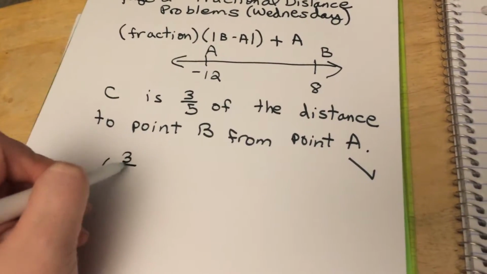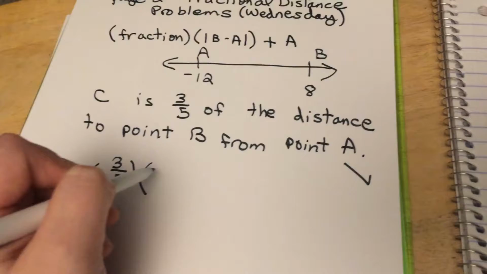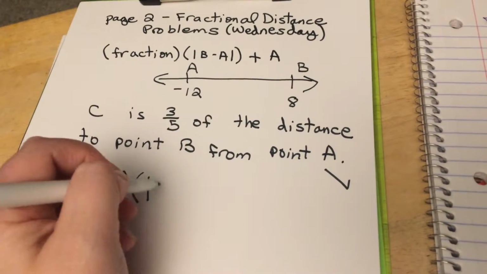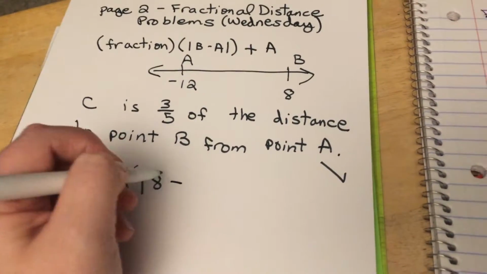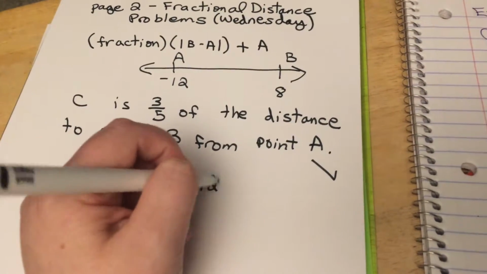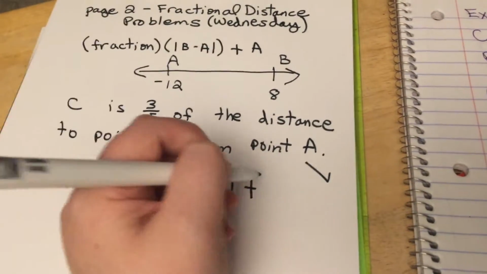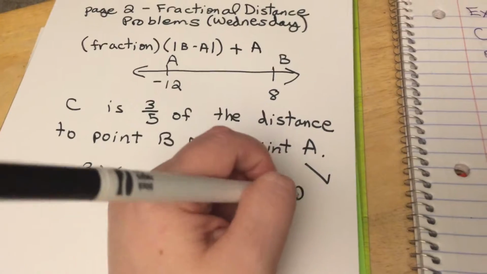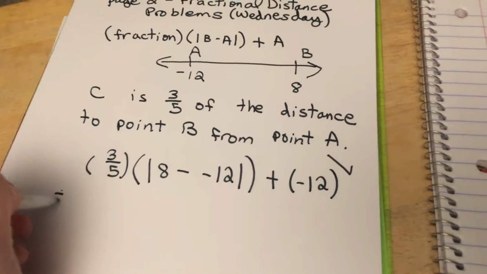So we do 3/5 times our distance, which is B, which was 8, the absolute value of 8, minus a negative 12, plus our starting point A of negative 12. And then we just need to simplify.